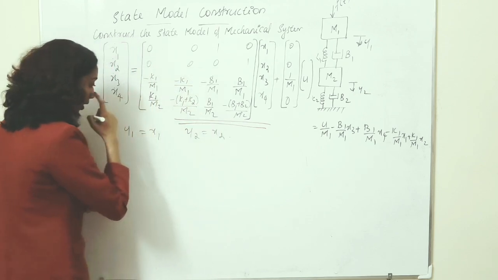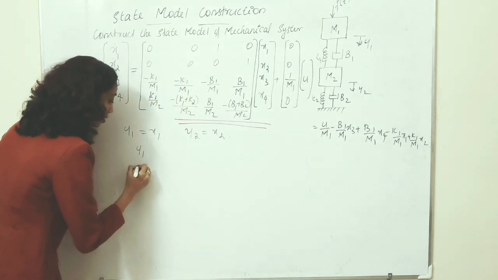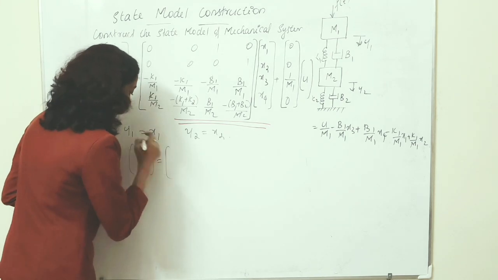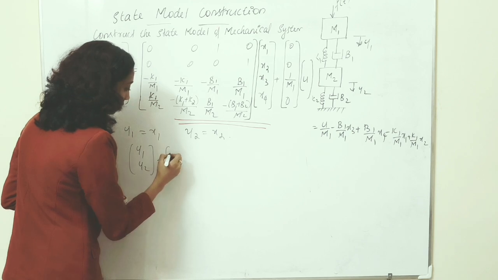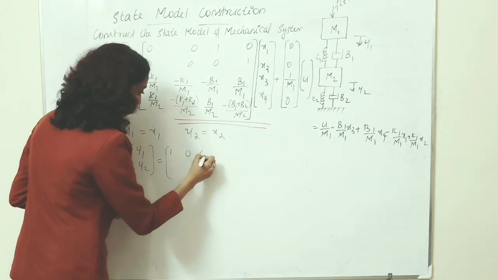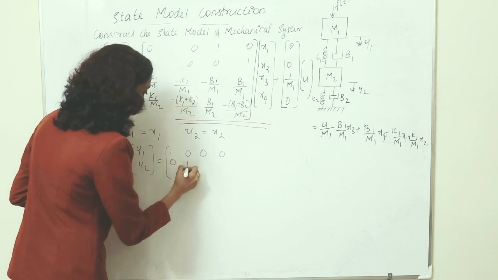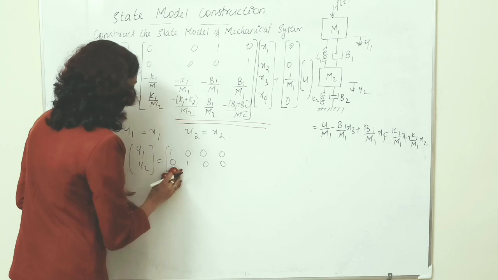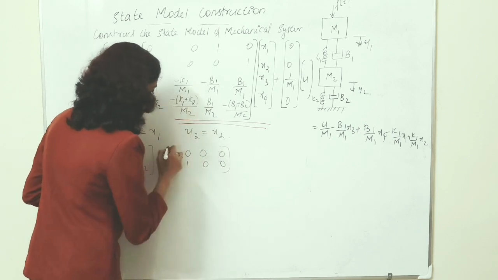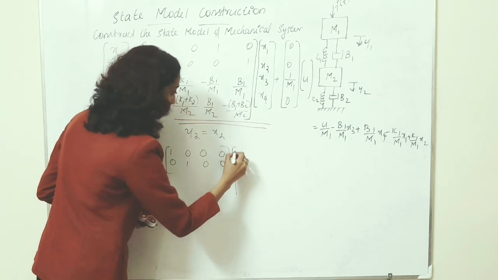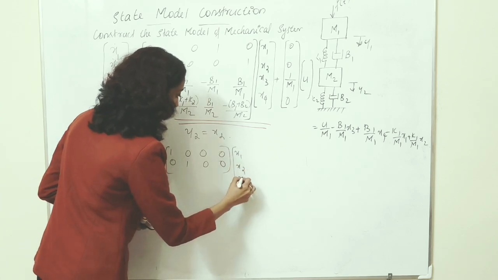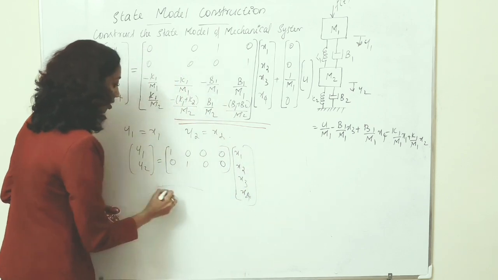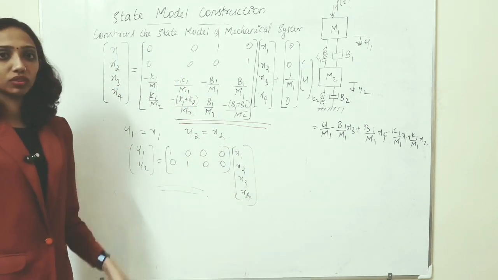Then you can write y1 and y2 as a matrix with rows 1, 0, 0, 0 and 0, 1, 0, 0, multiplying the variables x1, x2, x3, x4. This is the output equation of the above system.